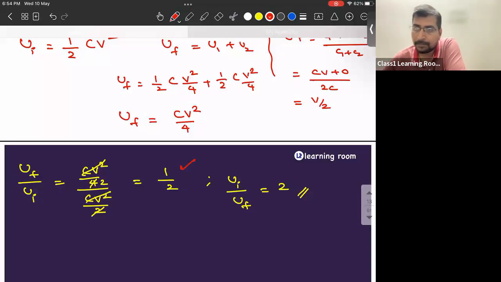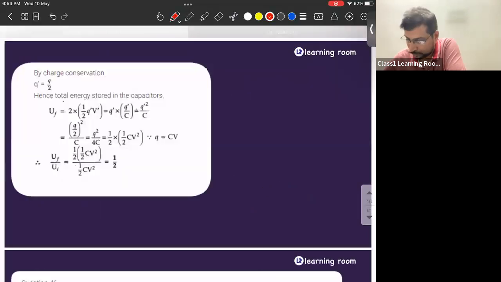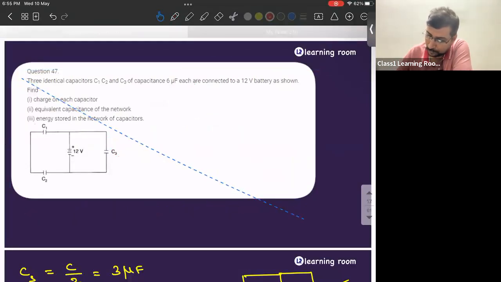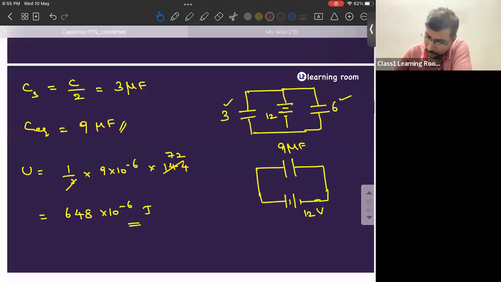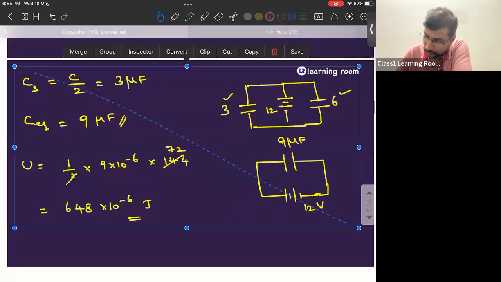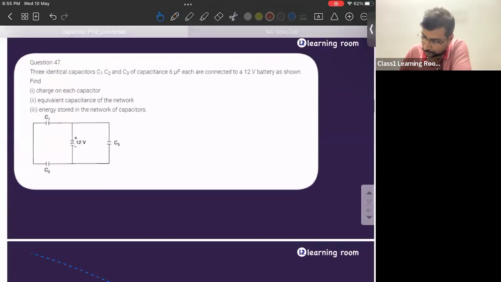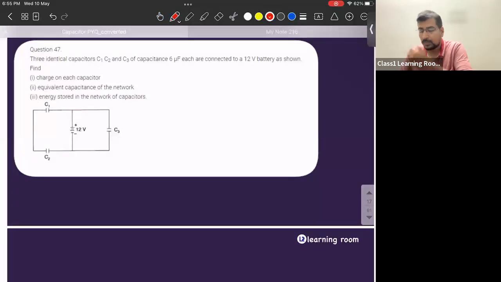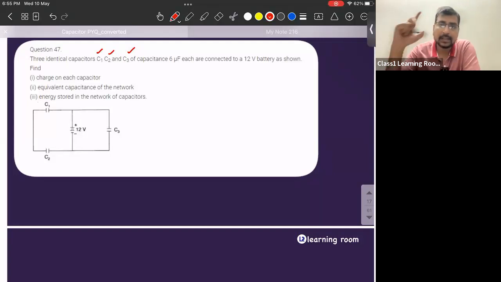We'll do one last problem. See, there are 3 identical capacitors, C1, C2, and C3, each of capacitance 6 microfarad, and they are connected to a 12-volt battery as shown.